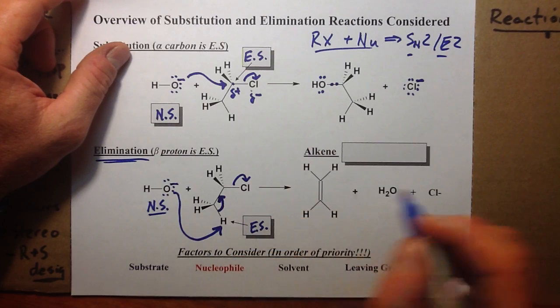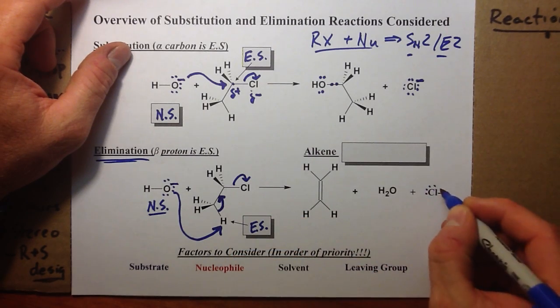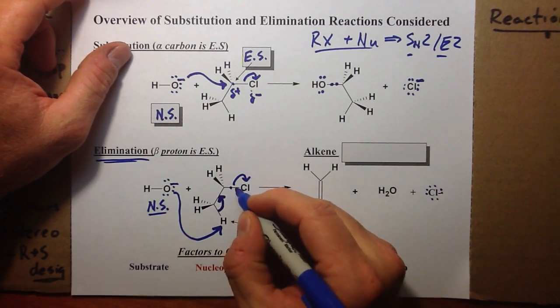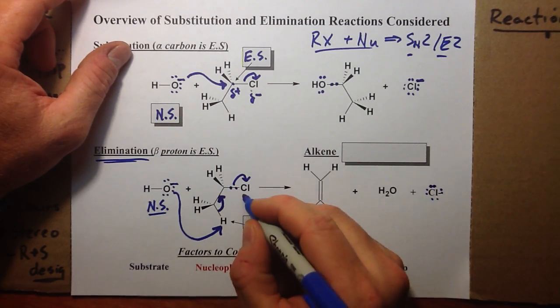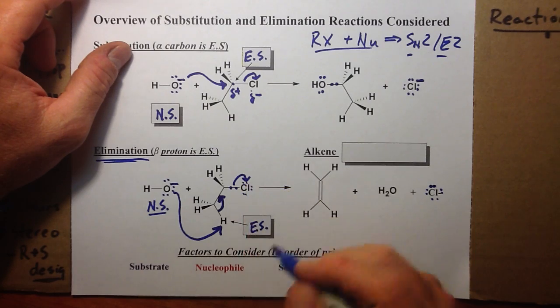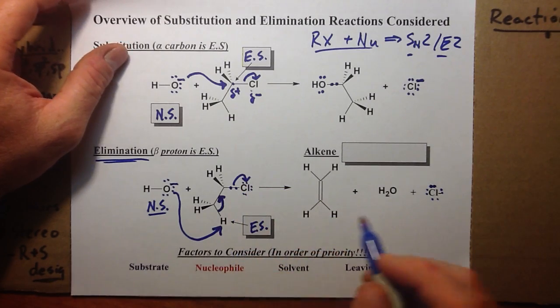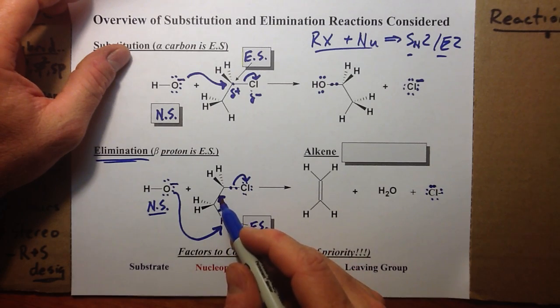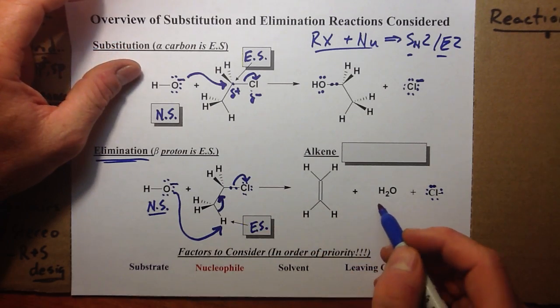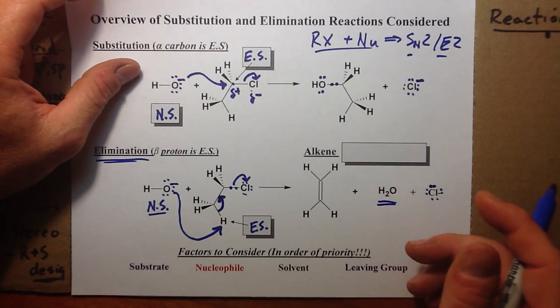These two electrons go with the chlorine. It already had 3 pairs, and we have now another pair. That breaks away. We make a pi bond, these two electrons going from sigma bond to pi bond, and we also have the formation of water.